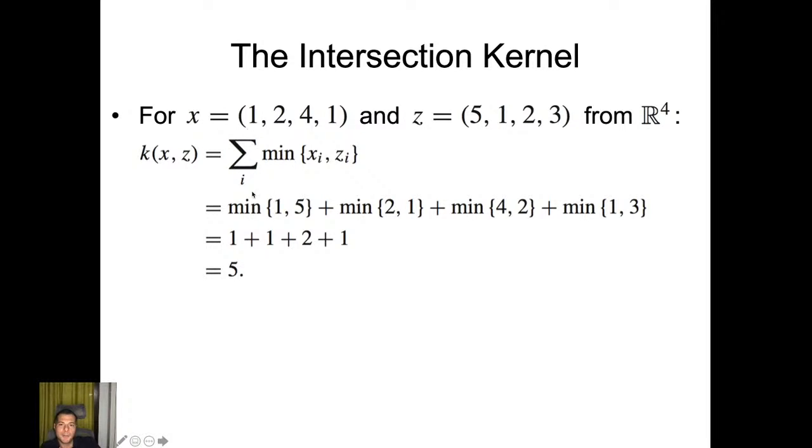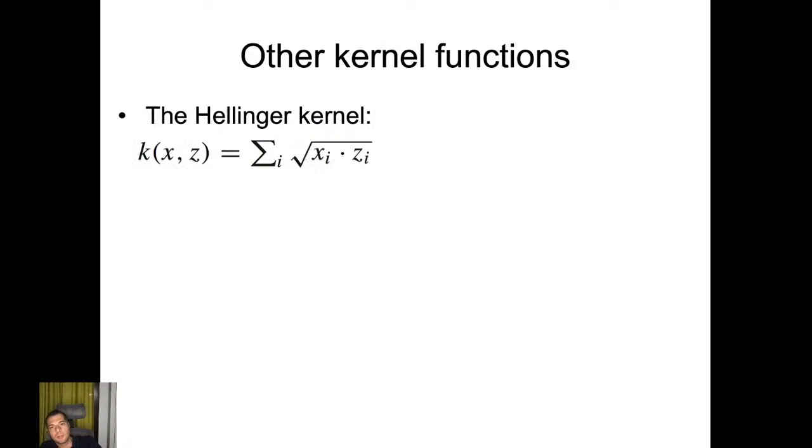So it is the minimum between 1 and 5 plus the minimum between 2 and 1 and so on. This also gives us a similarity function. It is demonstrated that this is a kernel function, and it can be used with successful results in many classification problems.